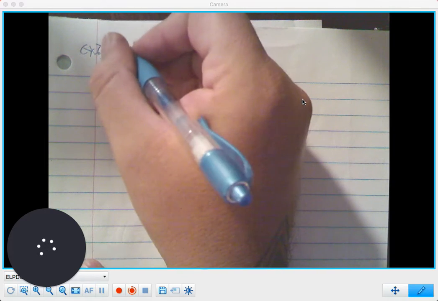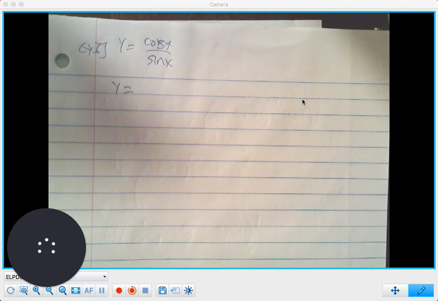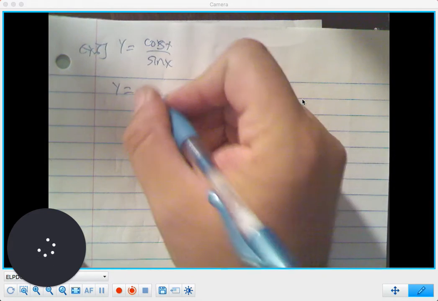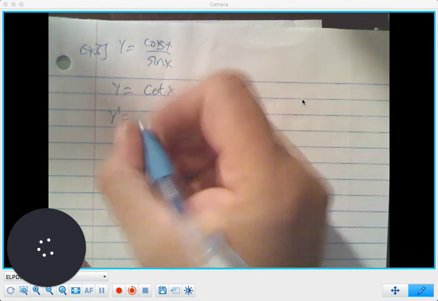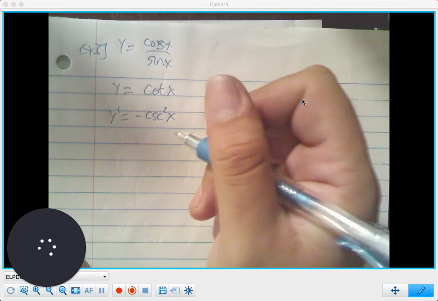It says, find the derivative of cosine x over sine x. Well, I know that cosine x over sine x is the same thing as cotangent. Do I know the derivative of cotangent? Yeah, I know it is negative cosecant squared x. Cool?